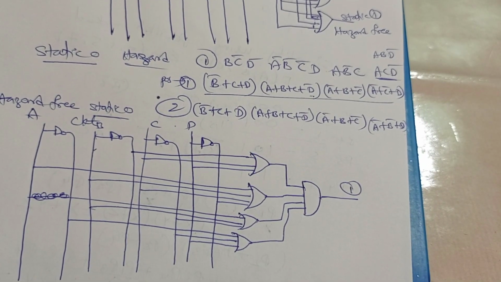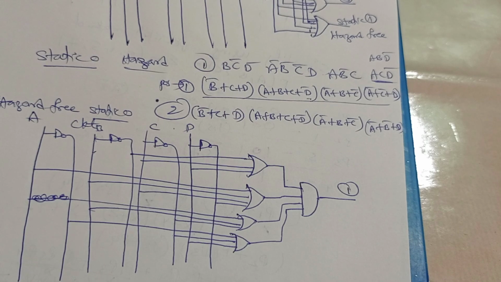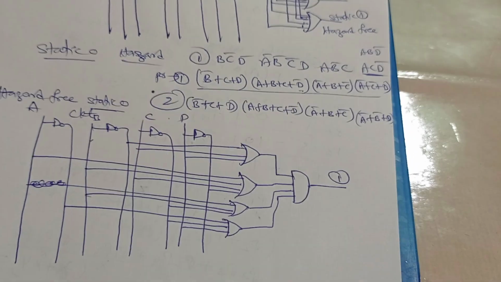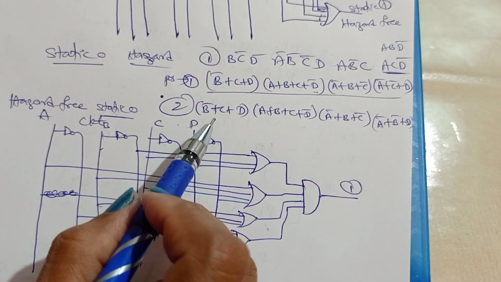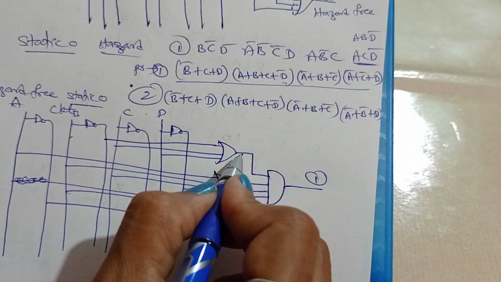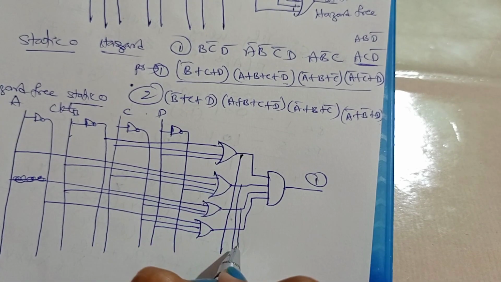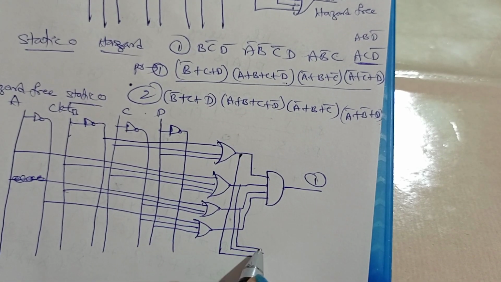Same as the second minimum OR AND circuit: all the first three terms are the same. So connect this and this as it is for AND.